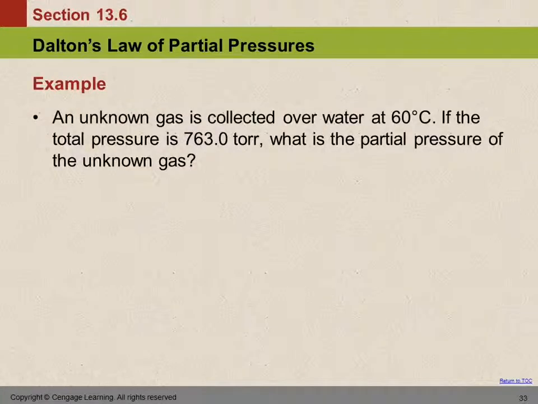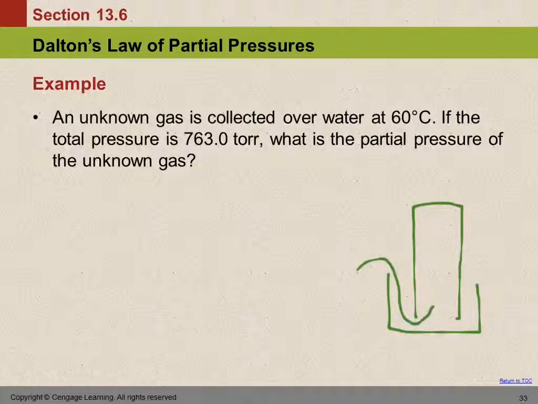So this is the sort of problem that we might encounter. An unknown gas is collected over water at 60 degrees Celsius. If the total pressure is 763 torr, what's the partial pressure of the unknown gas? So I'm going to draw you a picture again. We've got some sort of a container, and some kind of a tube coming in here, and we made the gas over here.